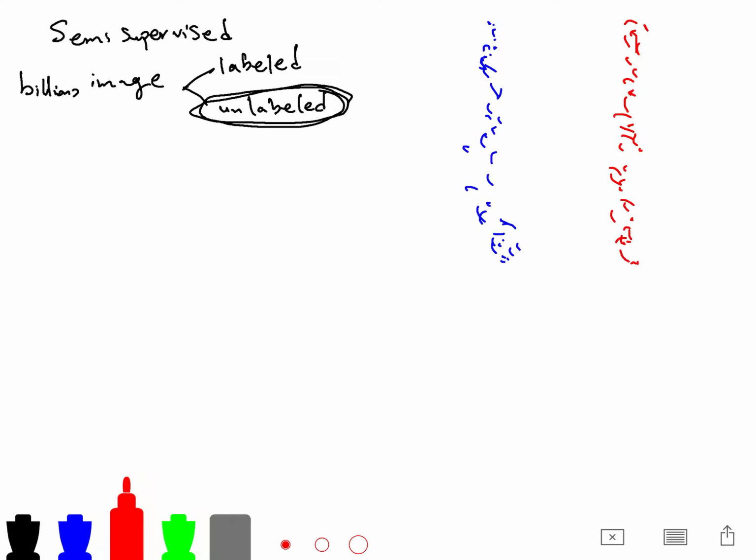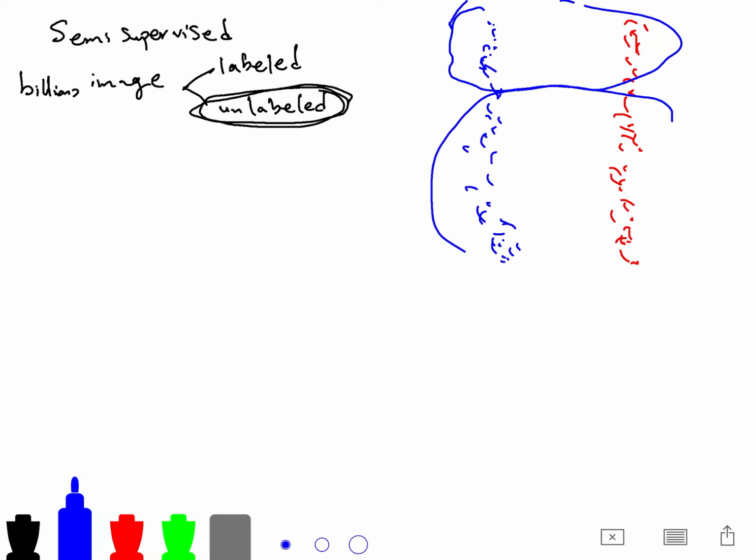Your nearest neighbor classifier may say, all right, I just want to pick the nearest neighbors. I don't care about your density. I don't care about the distribution of data. So I only take this one. So this is one class. And the other one is another class, because it's the nearest neighbors.